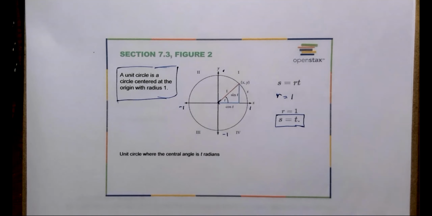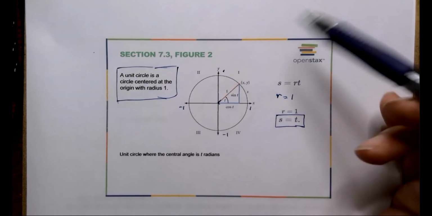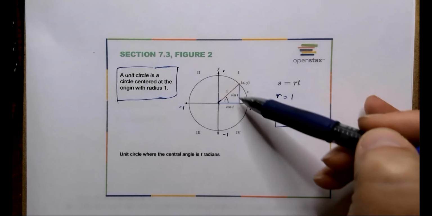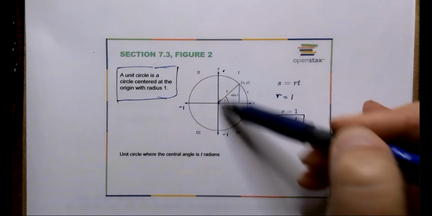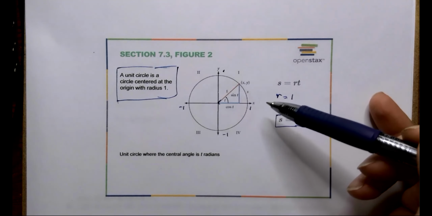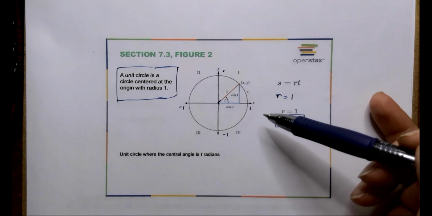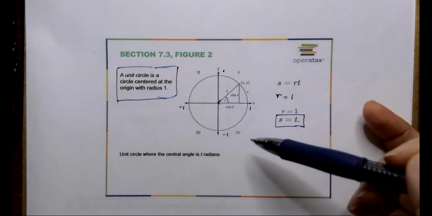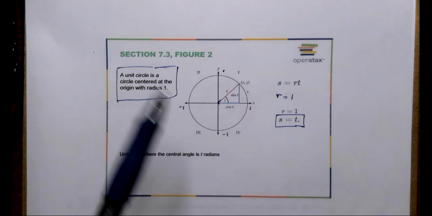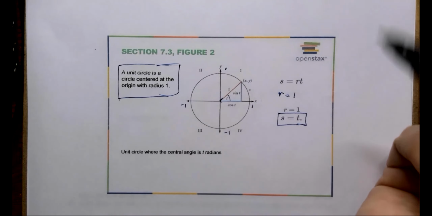Now, I want to remind you again that our coordinate plane, otherwise known as the Cartesian system of coordinates, is divided into 4 parts, or quadrants.